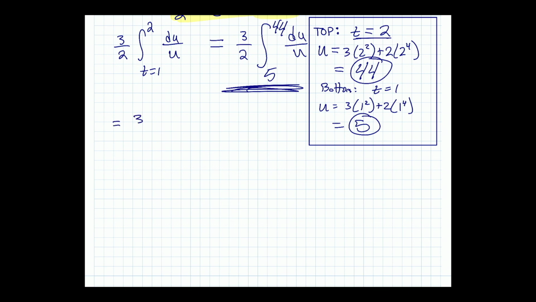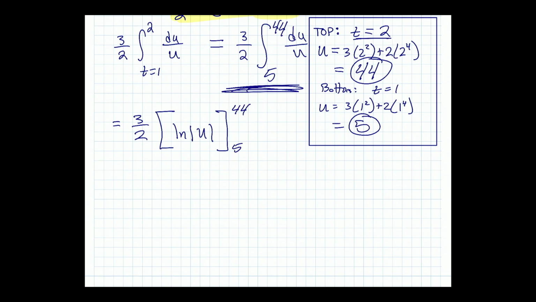Let's do that integral. So we have 3 halves. We need an antiderivative. So what's the antiderivative of du over u? ln u, right? That's what we're trying to learn. ln absolute value of u. And then we've got from 5 to 44. And those are in terms of u, which means we don't have to go back to the old variable.